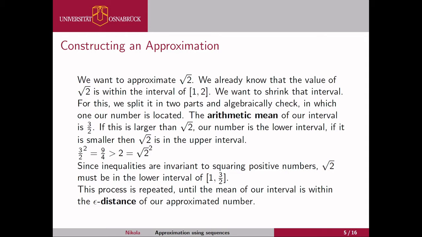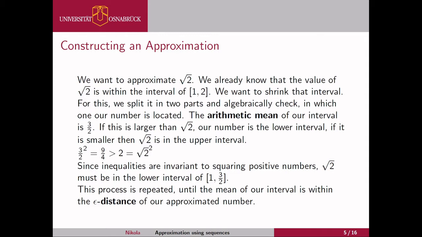This interval has the length of 1, which is, I would say, rather short, but it really doesn't matter. Like, your interval can have the size of 1,000. The method works nonetheless. You just have to find an interval of which you know that your target number is entailed in.